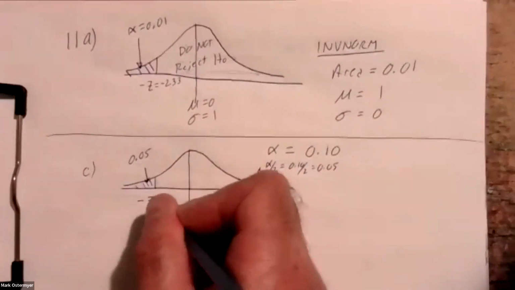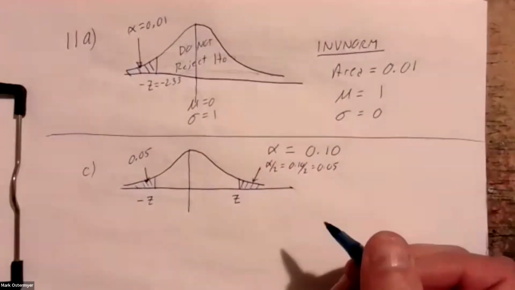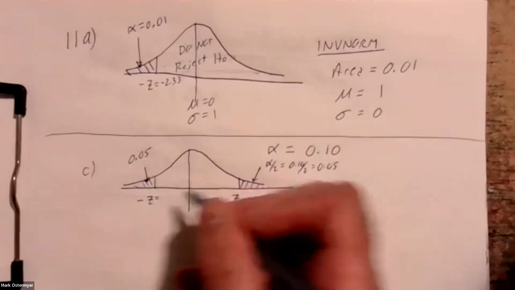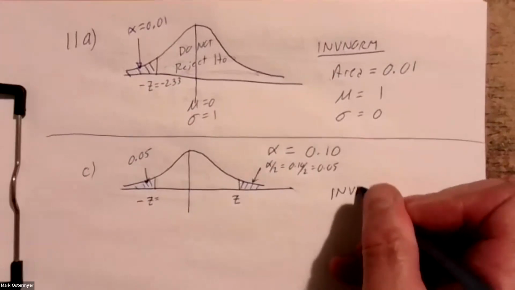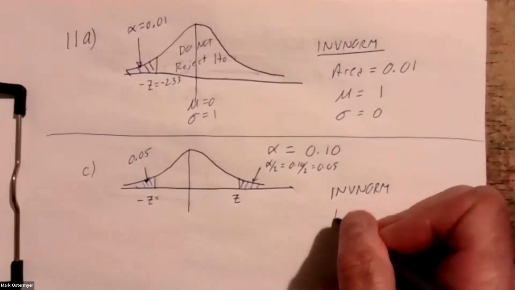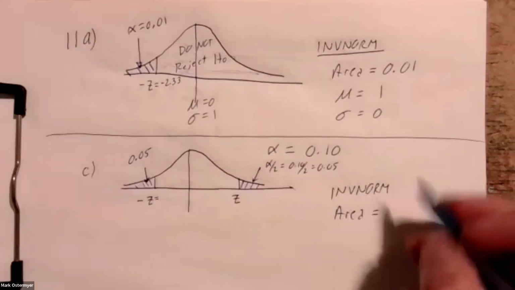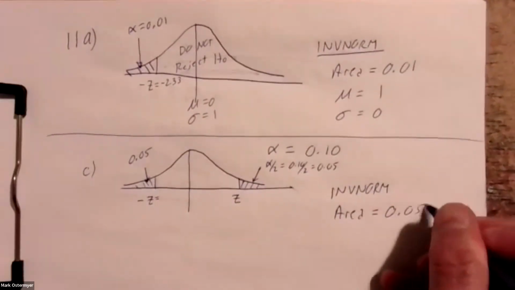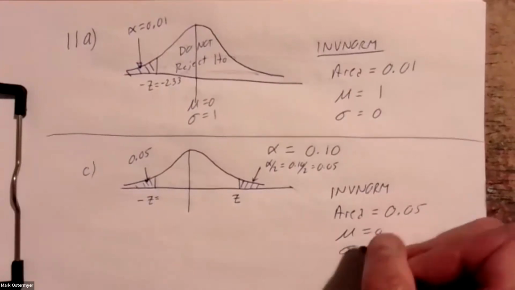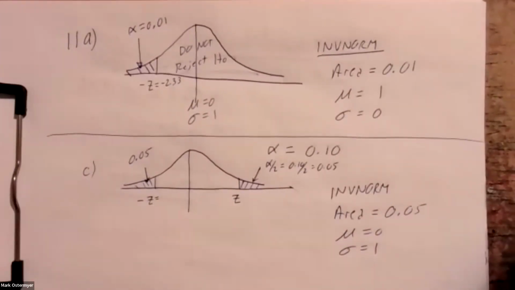Now we can find the critical Z values. So we use our inverse norm function again. And the area is going to be 0.05. And let's find out what those critical Z values will be.